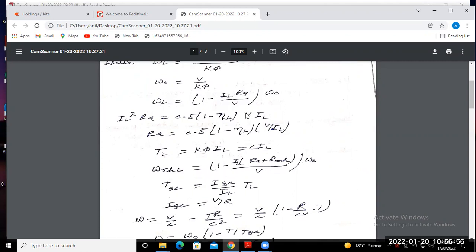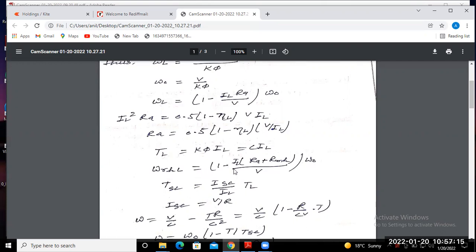You already found the value of RA, so put it here, and if you change the rheostatic resistance value, then the rheostatic load velocity will also change. You can find the relation between these two.